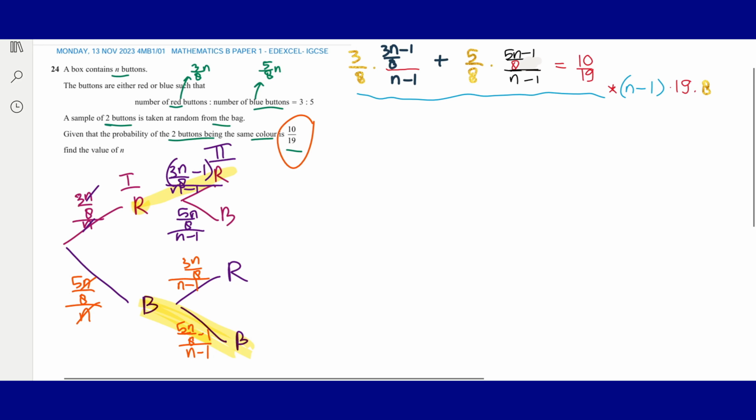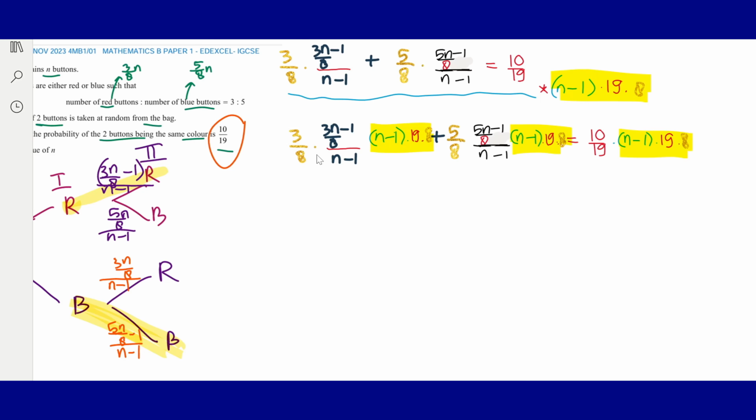So let's cancel out. We apply this to each term: this is cancelled out, 8 is cancelled out, this one also cancels out, and 8 is cancelled out in this place. Here 19 and 19 also cancel out.